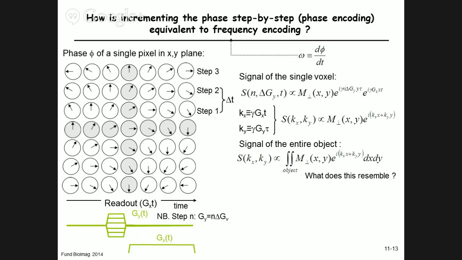We go from one-dimensional Fourier transform to two-dimensional Fourier transform. Okay, so that's what it is. It's actually the inverse Fourier transform. So actually the magnetization measured in space is given by the inverse Fourier transform of this signal that we've measured as a function of kx and ky, which is Fourier space or reciprocal space, or as it is called in MRI, k-space.